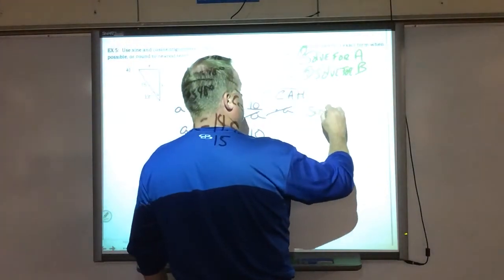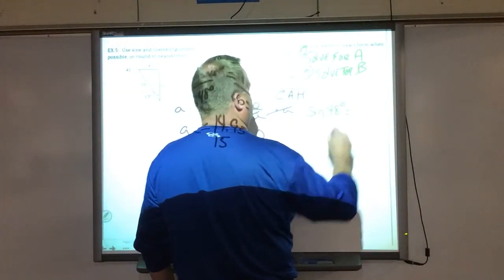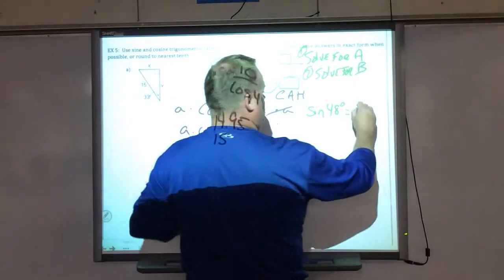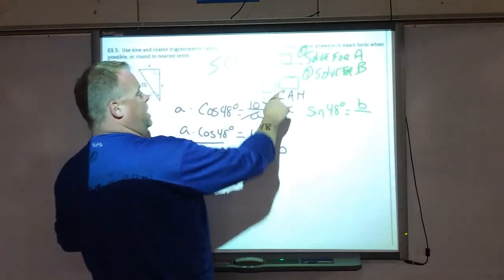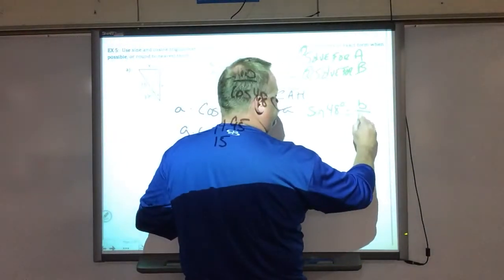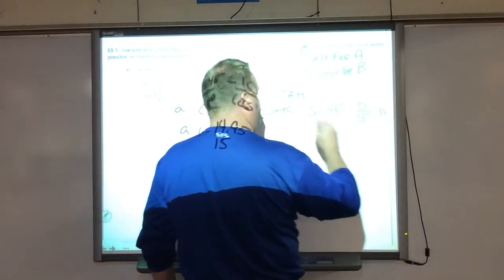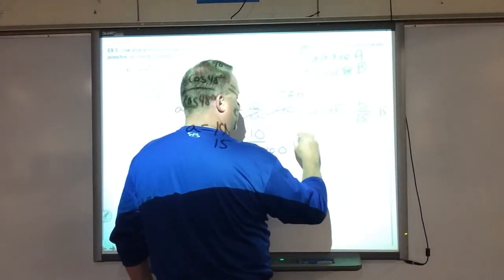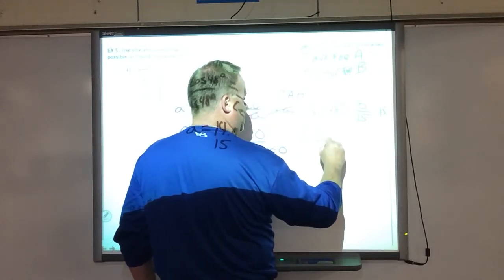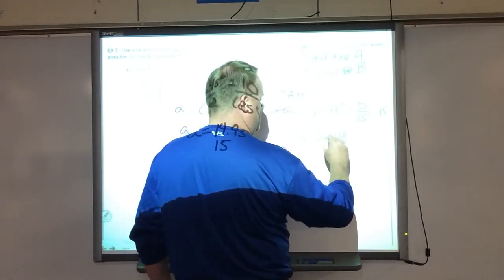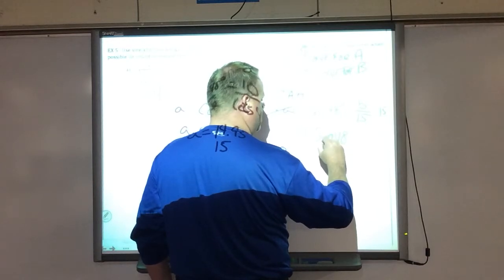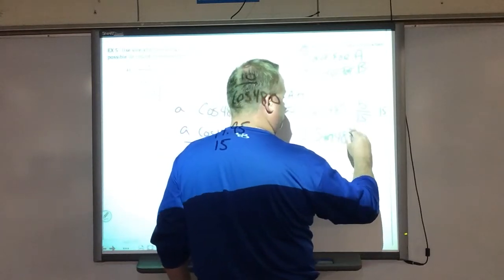Sine of 48 degrees is equal to opposite B over my hypotenuse, which is 15. Multiply both sides by 15. I get 15 times sine of 48.